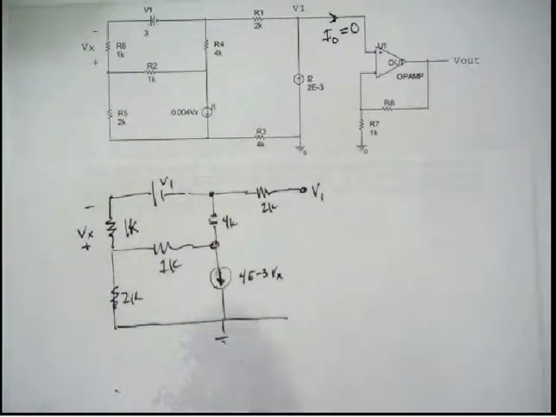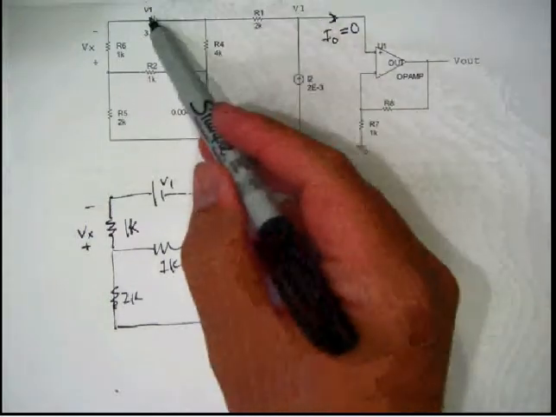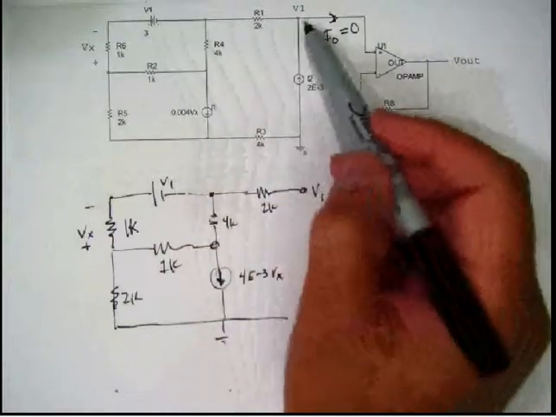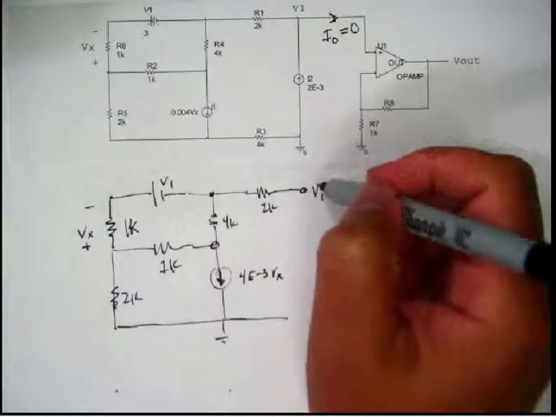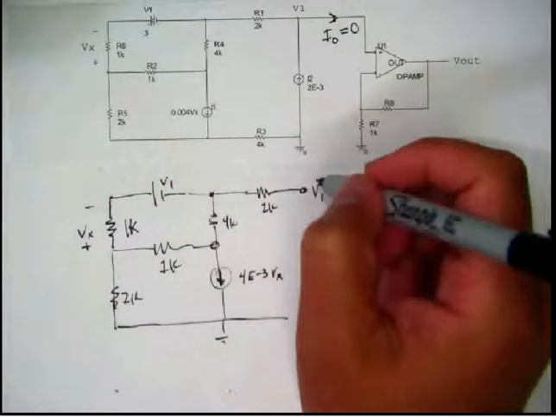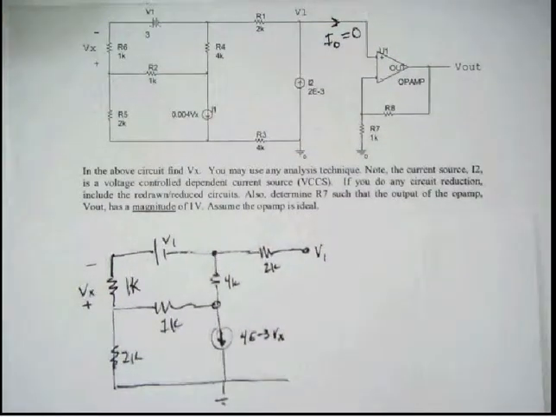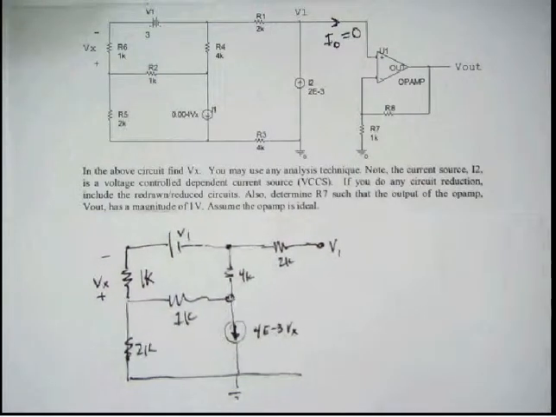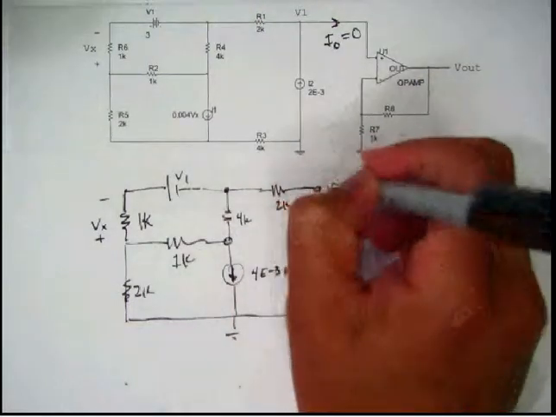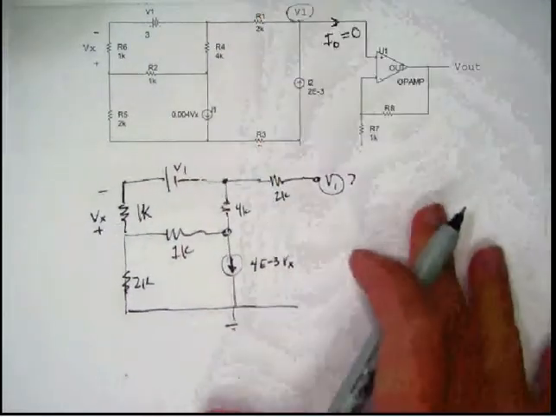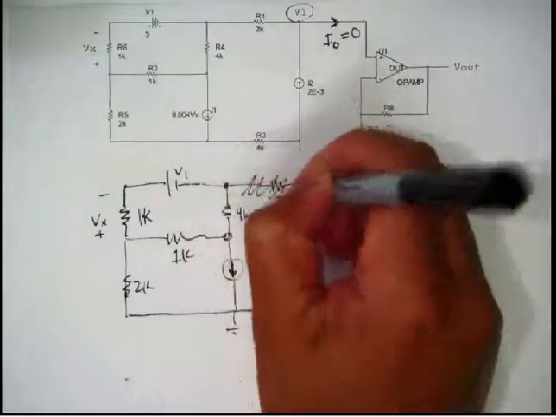Now the question is, I just noticed this, is this marked as V1 as a variable, or does it indicate that it's the same as this? That's interesting. I'm going to assume that we don't know that. Not sure why that's up there. All right, so this is the circuit we have. I'm going to ignore this piece.